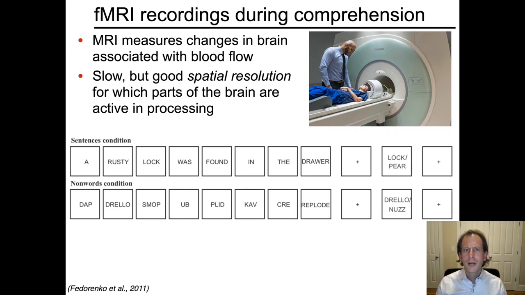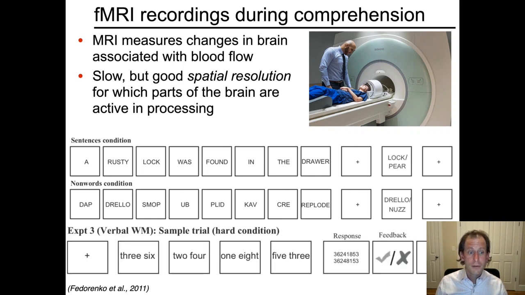They would answer with a button press as to whether a word was in the sentence or non-word sequence that they saw. For example, they might be presented with lock, in which case the participant should press the yes button, or pair, in which case the participant should press the no button. This keeps participants alert enough that the actual processing of the sentences by the brain, purely passively, elicits reliable and interpretable effects.